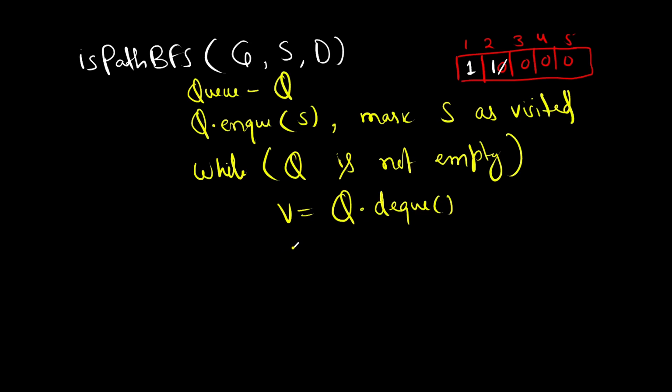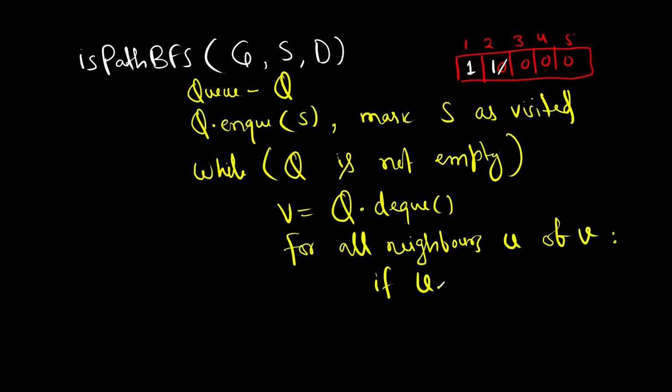And when you have removed an element, check all the neighbors of that particular element. So write for all neighbors u of v. So for all the neighbors of v, which you can see here is represented by u, check this condition.